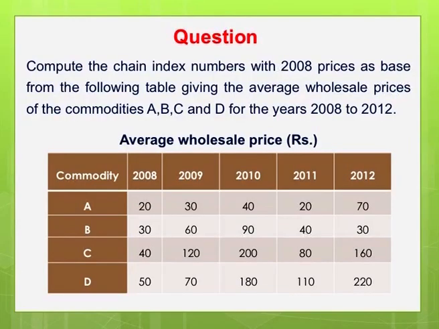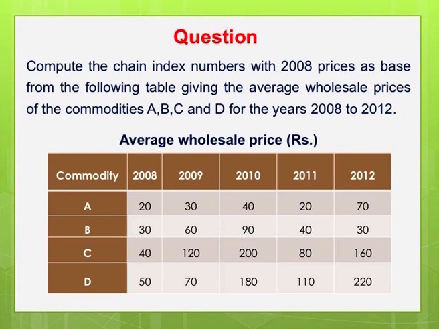Based on the discussion in this session, the following question may be posed. Compute chain index number with 2008 as base year from the following table giving the average wholesale prices of the commodities A, B, C and D for the years starting from 2008 to 2012.